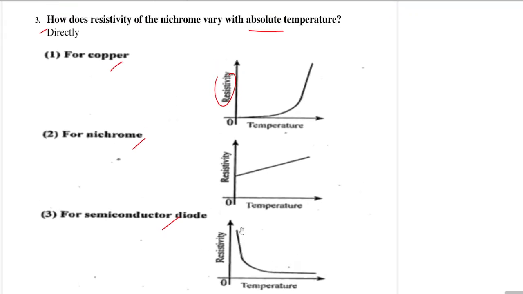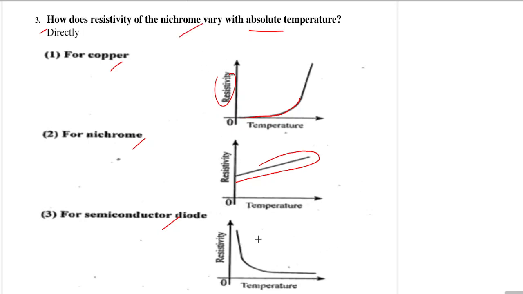Now, the question could be asked in another form also. They may ask you to draw a graph for resistivity versus temperature for any one of these. So it is better that a student learns these graphs also, which may be asked. For copper, it's increasing slowly and then there's an abrupt increase. For nichrome, it increases linearly or directly, as has been asked in the question.